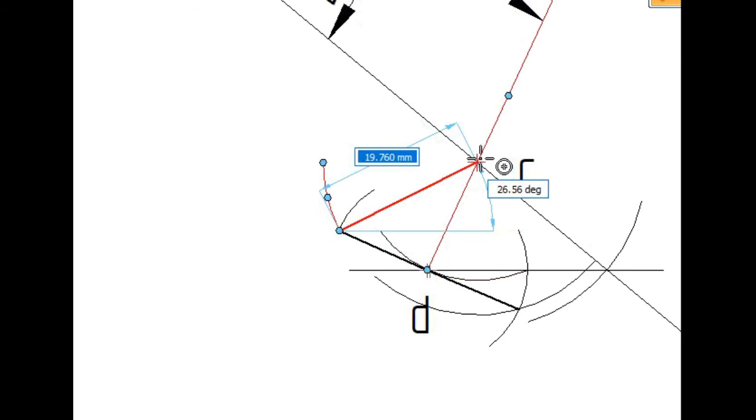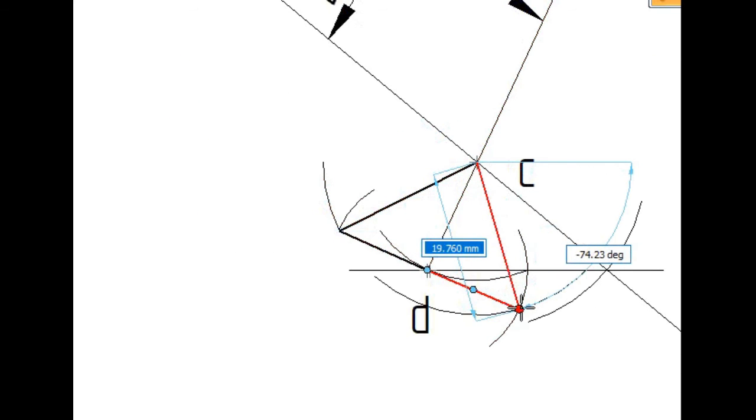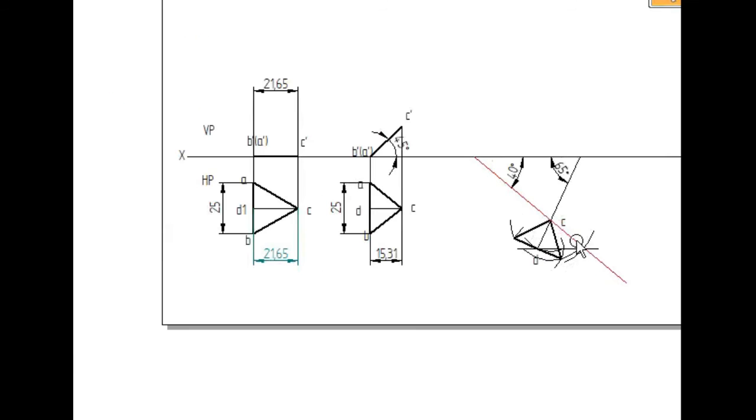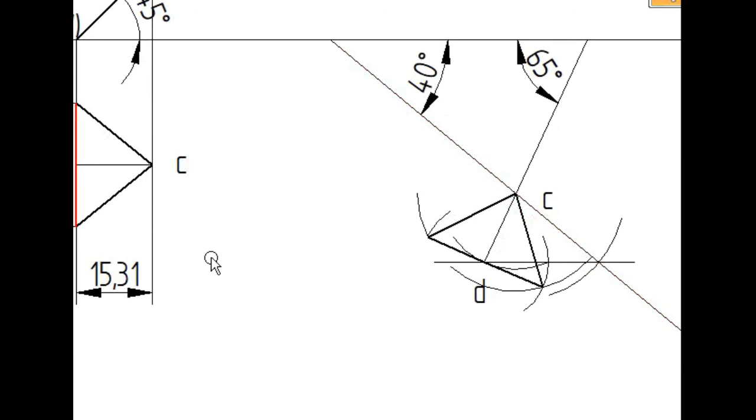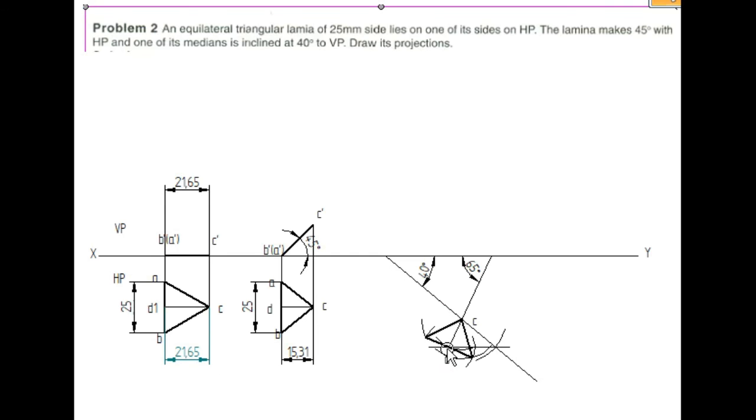Next, join the points to C. You can see here this triangle has been placed at some particular angle, and that angle is with respect to the beta angle, right? So I will name it. This one is point A and this is point B, right?